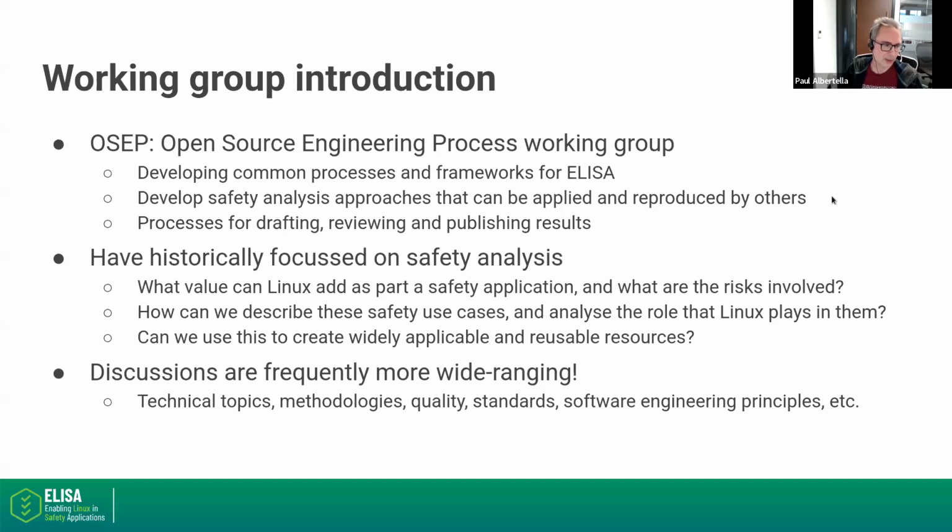But it's also about describing the kind of safety use cases that we might want to consider, and the role that Linux plays in them. And this is where the input from groups like the automotive working group and the aerospace working group comes in. If they've got a particular use they want to put Linux to, they can describe some of those to us, and we can use those to inform what we're thinking about.